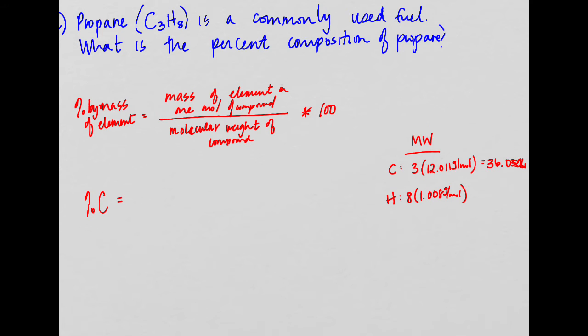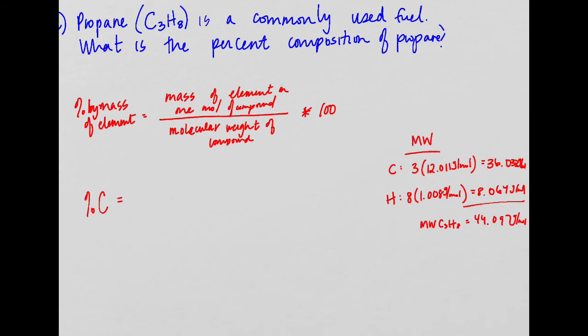This gives me 8.064 grams per mole of hydrogen. When I add those two together, I get that the molecular weight of propane is equal to 44.097 grams per mole.